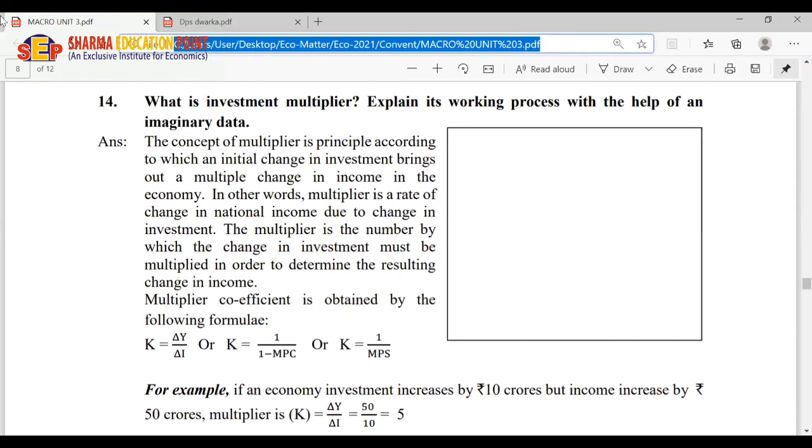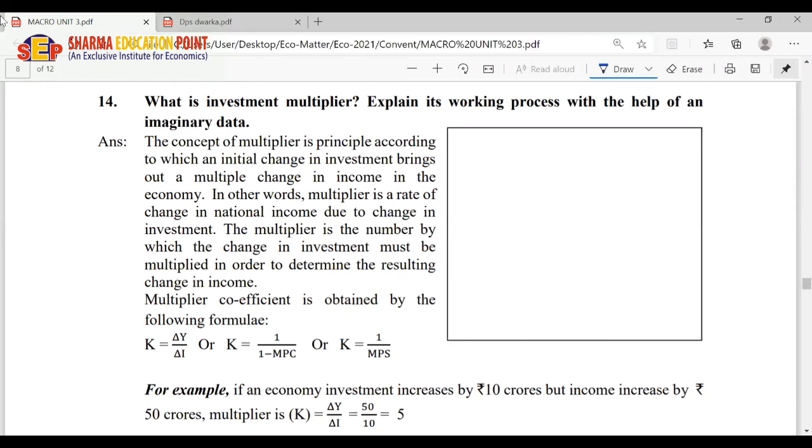So look, first of all, the concept of multiplier is the principle according to which an initial change in investment brings out a multiple change in income. In other words, multiplier is the rate of change in national income due to change in investment. Same concept. Now the multiplier is the number by which the change in investment must be multiplied in order to determine the resulting change in income.